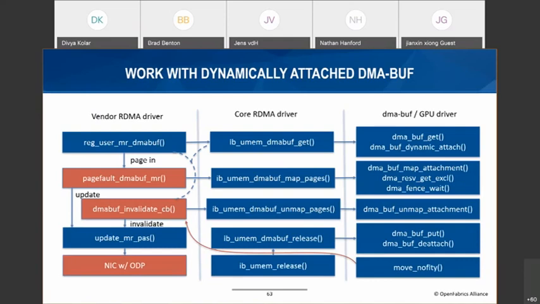At first, there's umem DMA-BUF get. That is the function to import the DMA-BUF object using a file descriptor. Inside of this, it will call the dynamic attach function, and the callback function will be passed there as a parameter.